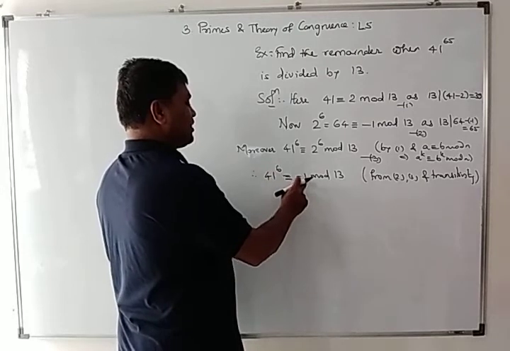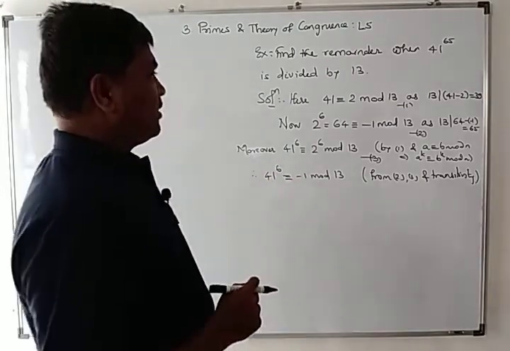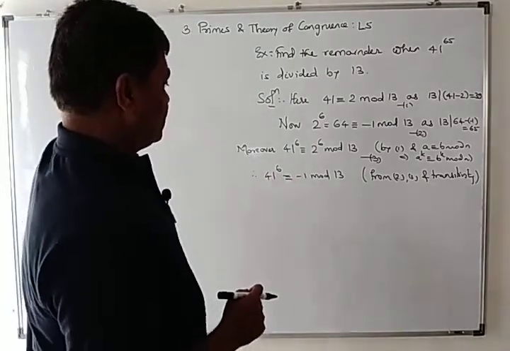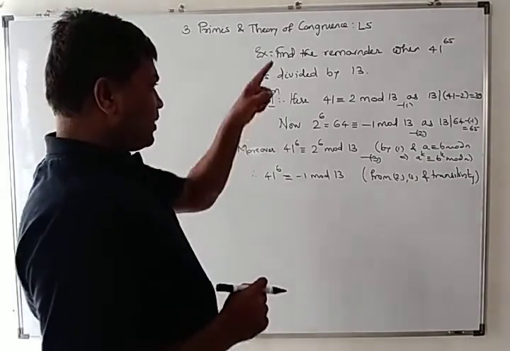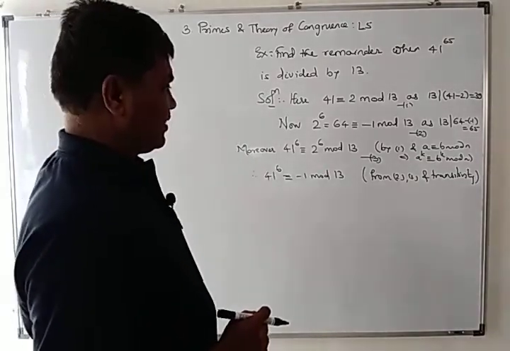Therefore, 41 raised to 6 is congruent to minus 1 mod 13. Is it clear? Now, we will divide that 65 by 6.